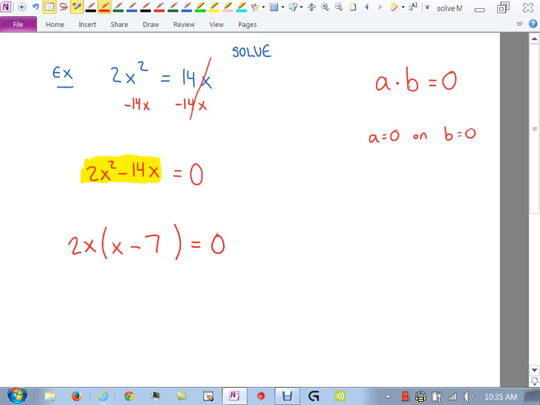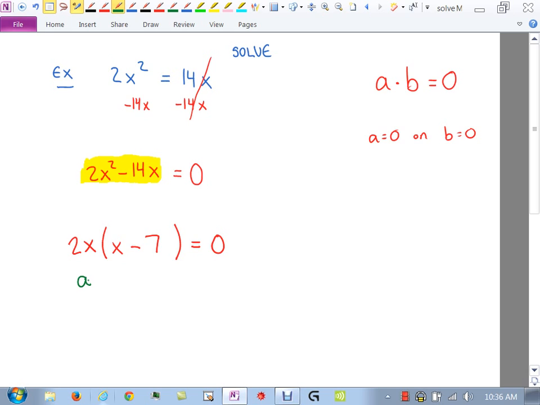Now look at what's left here. I can't do anything to factor this, the x minus 7. Is it like a difference of squares or anything like that? No. So just ignore that for now. If this was its own problem and we said factor, we'd be done, wouldn't we? Okay, but we're not because we have the equal 0. So now I need to use this property. What's the thing that's kind of like my a here?